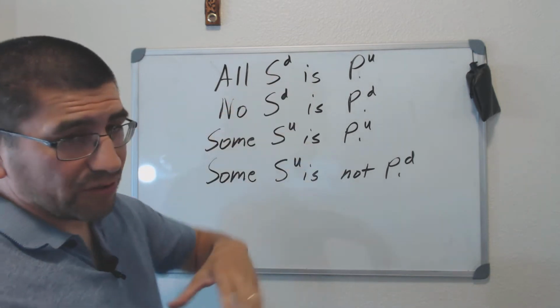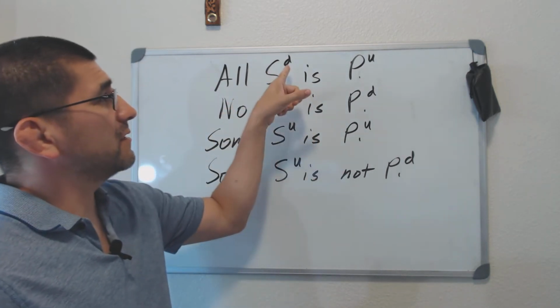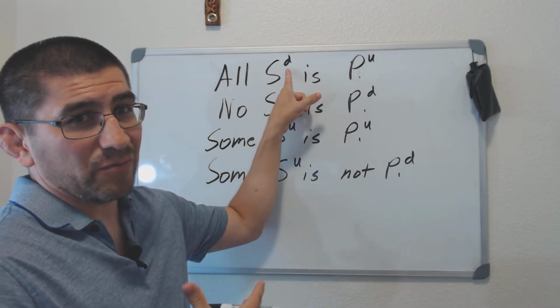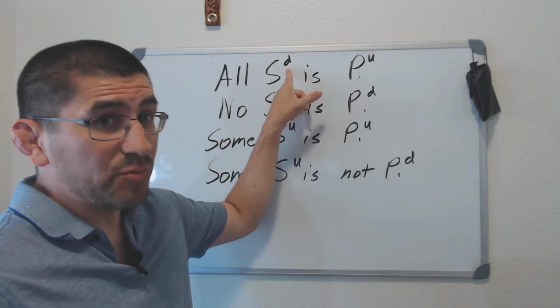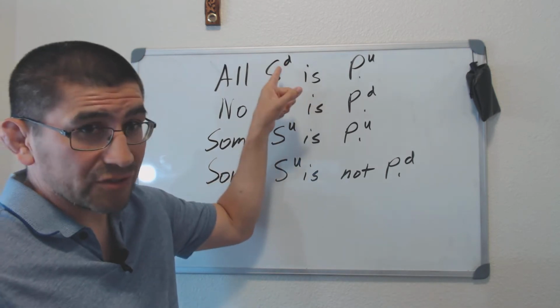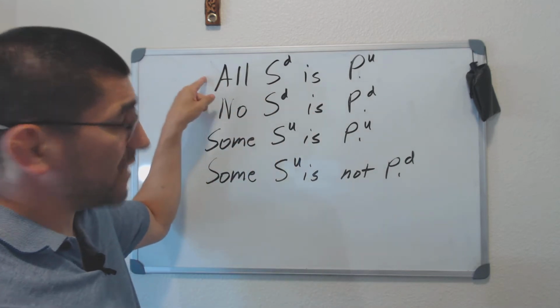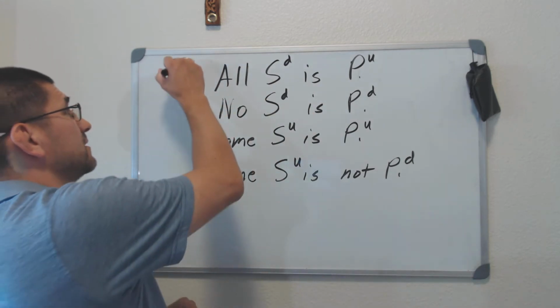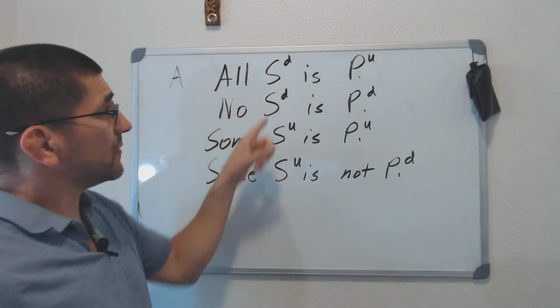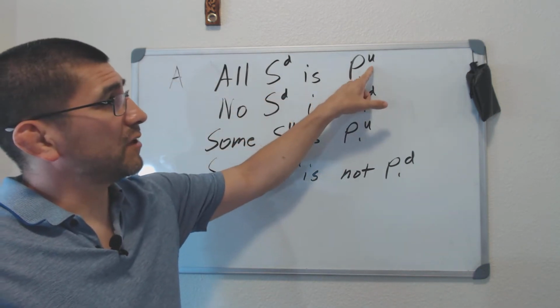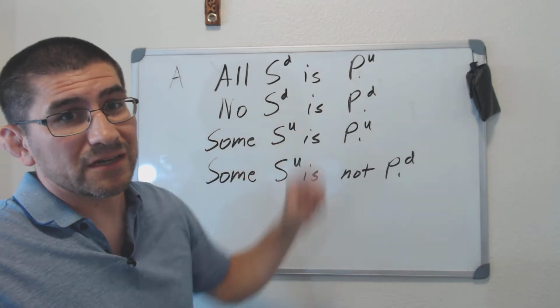So just don't get confused between the universality of a term and the universality of a proposition. And to keep you from getting confused, we use the word distributed when we're talking about a term. Okay, so this A proposition right here, the subject term is always distributed, and the predicate term is always undistributed.